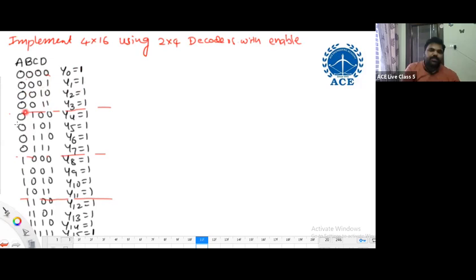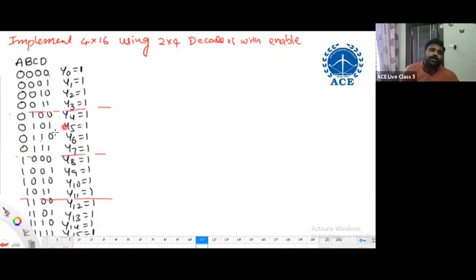When AB is 01, depending on CD, 00 gives Y4 is 1, 01 gives Y5 is 1, 10 gives Y6 is 1, 11 gives Y7 is 1. When AB is 10, depending on CD only, one of Y8 to Y11 is 1. When AB is 11, depending on CD only, one of Y12 to Y15 is 1.